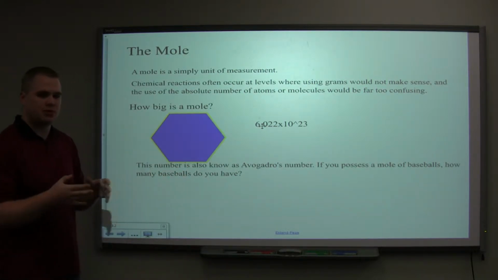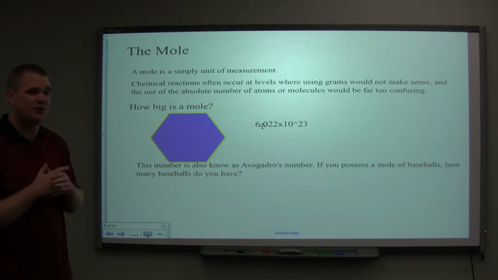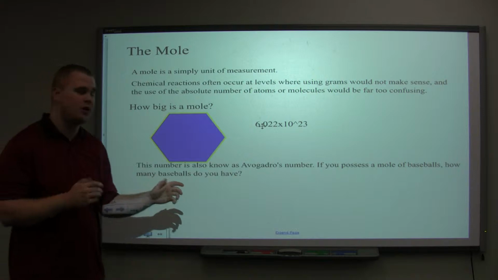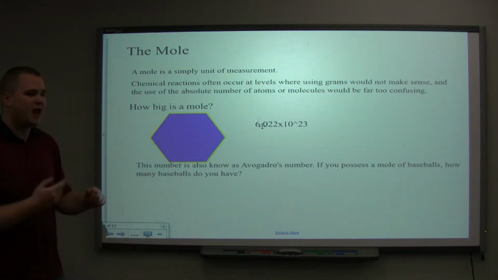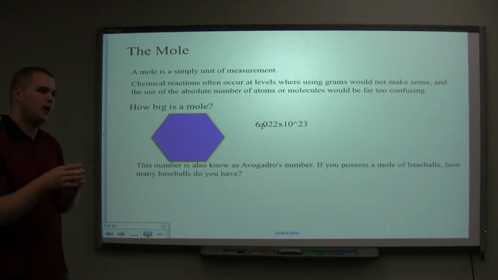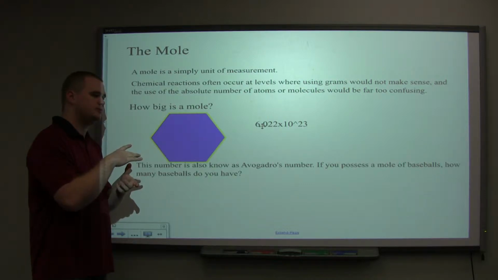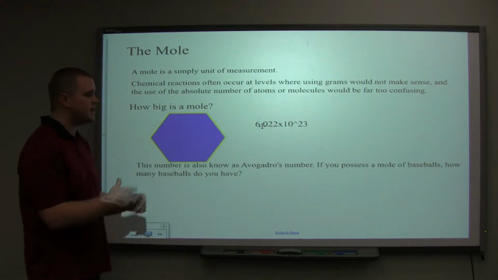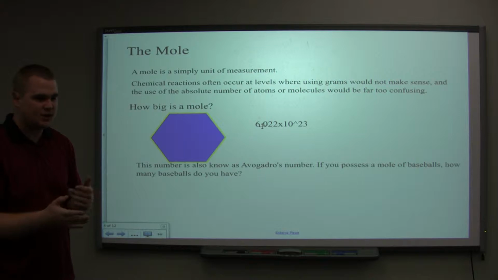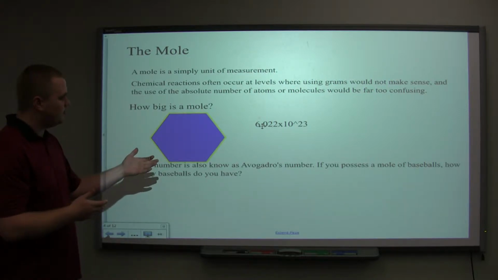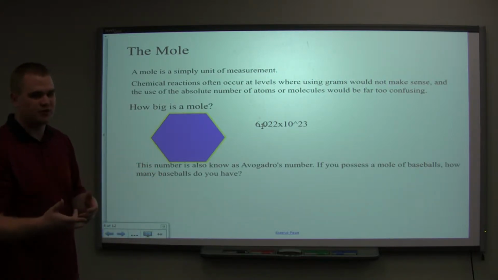If you use baseballs, that's enough baseballs to cover the Earth twice, maybe even 3 times. That number is Avogadro's number. He came up with this when he was studying carbon, and it's the amount of atoms of carbon per 12 grams. So that's kind of what it's based off of. Everything that we base off the mole all comes from carbon.